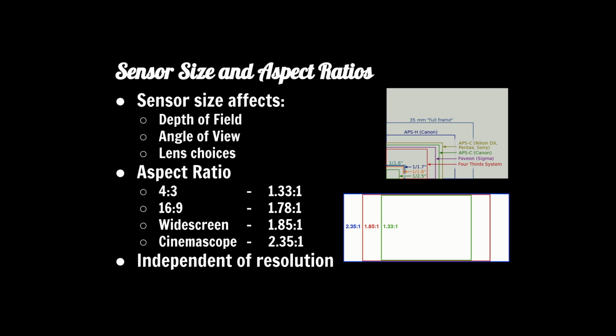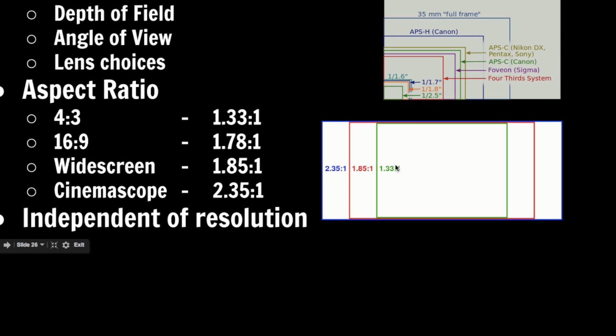Now, aspect ratio. You may have heard about aspect ratio in various things, from 16:9 or 4:3 and so on. If you look at this image here, you will see different aspect ratios. 4:3 can also be represented as 1.33 to 1, which is this here.